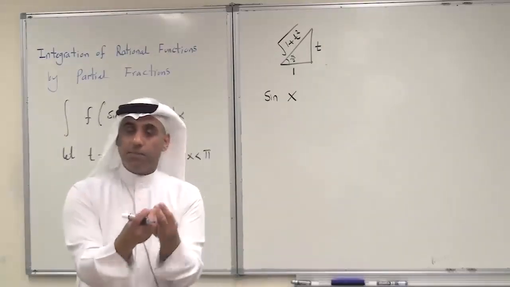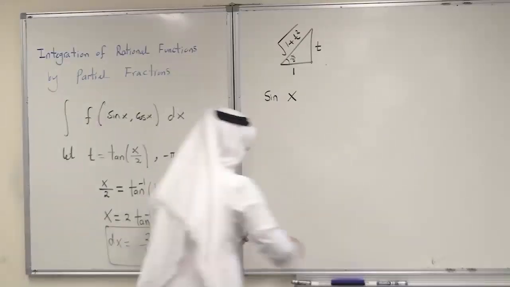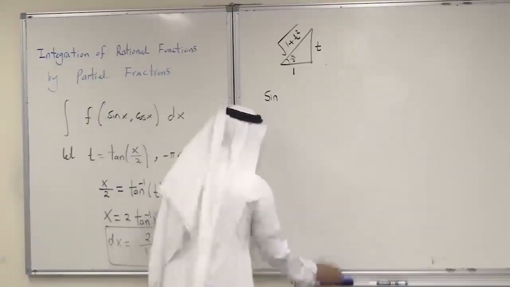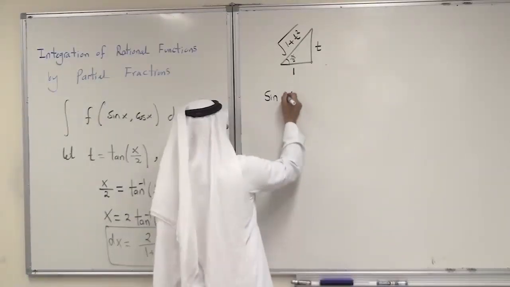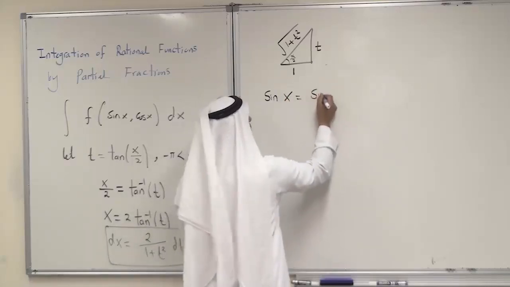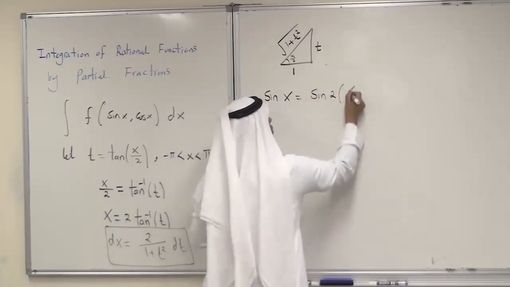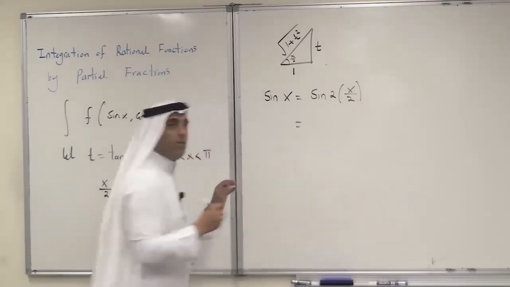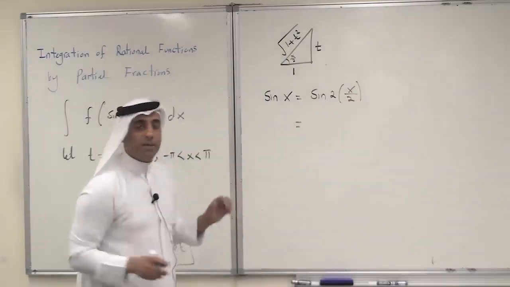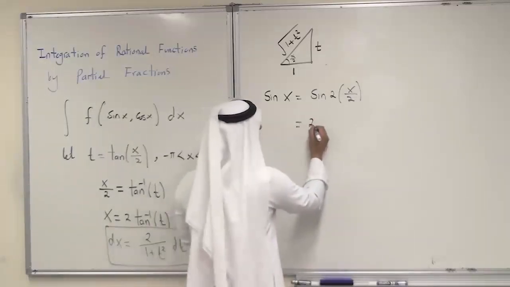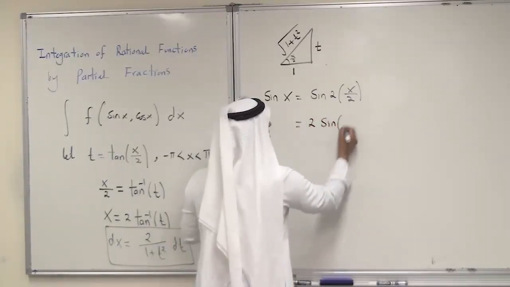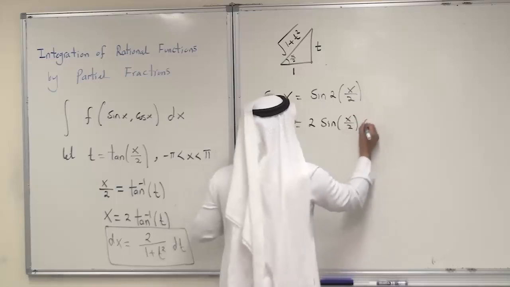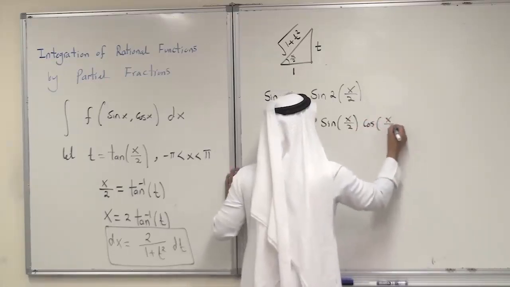But what is the relationship between them? You can easily see that you can rewrite x as twice x over 2. Then we need to use the double angle identity for the sine: sine of x is 2 sine of x over 2 multiplied by cosine of x over 2.